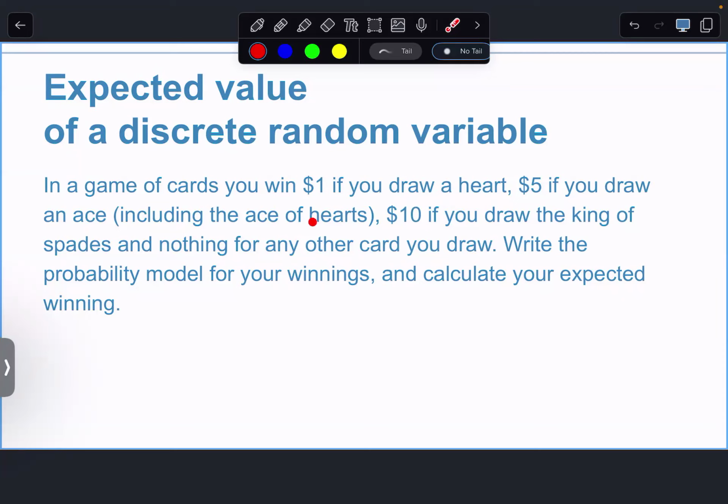You don't get $6, you just get 5, right? But still pretty good. It's better than 1. $10 if you draw the king of spades, so a very particular card, right? And then nothing for any other card that you draw. Okay? So first we're gonna write the probability model for the winnings, okay? And then we're gonna calculate your expected winnings.